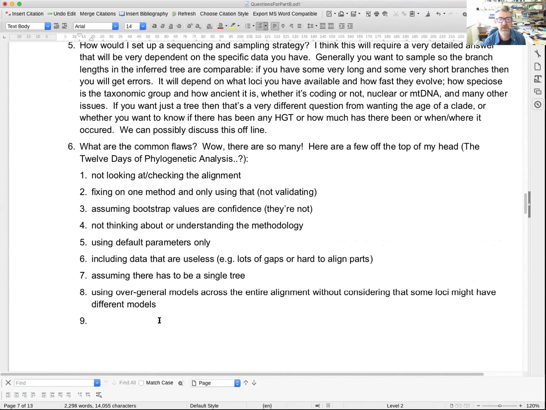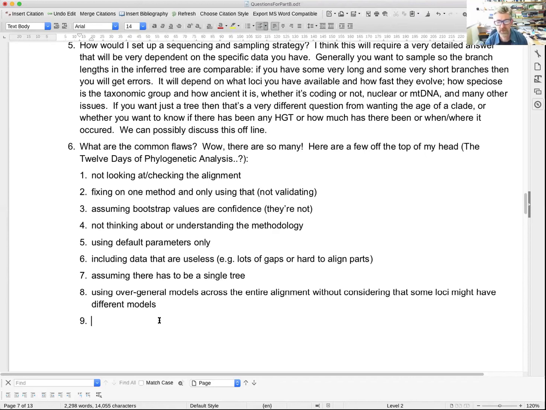Part one, not looking at the alignment itself. This bothers me immensely. This is a serious problem. If you have a massive amount of data, you have a workflow, and you run it through your workflow, and you don't look at the steps along the way. So that could be you have shotgun sequences, you've assembled de novo from your bugs of interest.